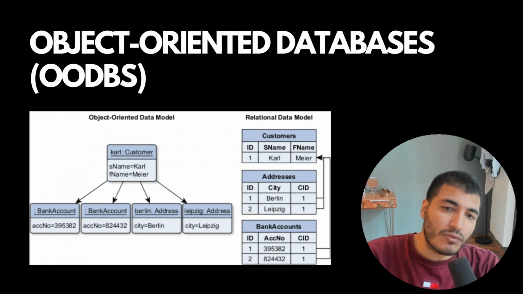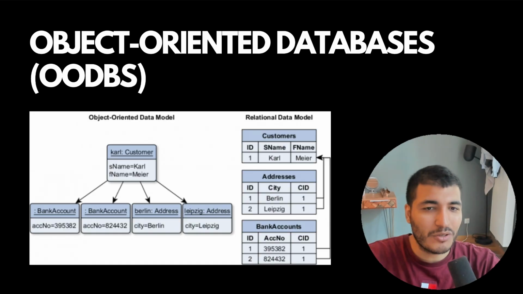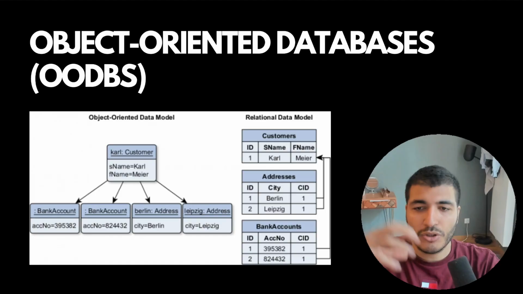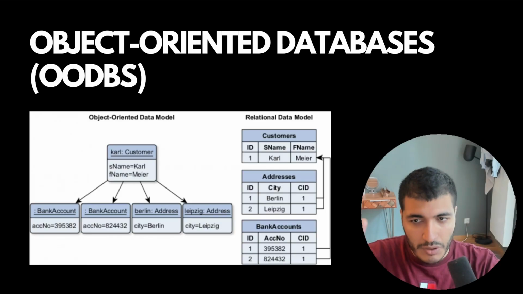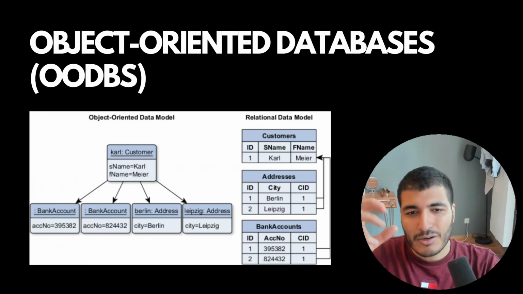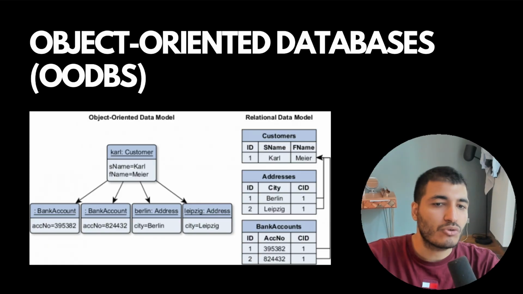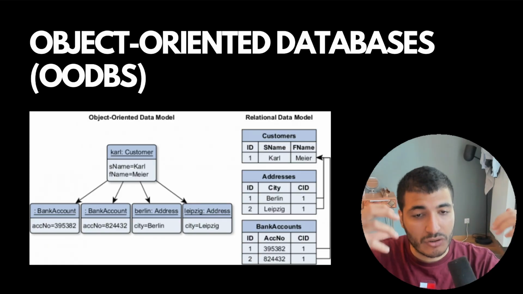The common use cases for that: they are great in object-oriented applications, like applications developed using object-oriented programming languages like Java, C++, or Python that require a seamless way to persist and retrieve objects without complex object-relational mapping.